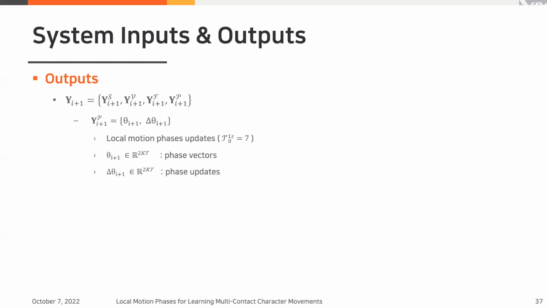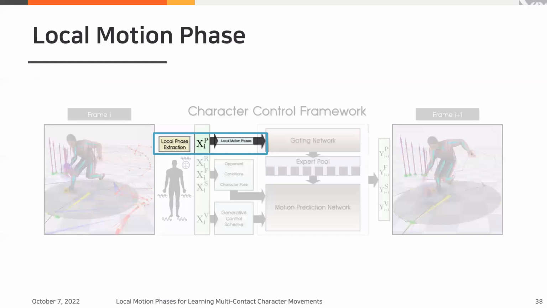Finally, these are the parameters for phase updates and are computed in a fully autoregressive manner. So the new phase vectors are computed by interpolating the current phase vectors with the predicted ones. So now I will explain how local phases are extracted, which is the core section of this system.